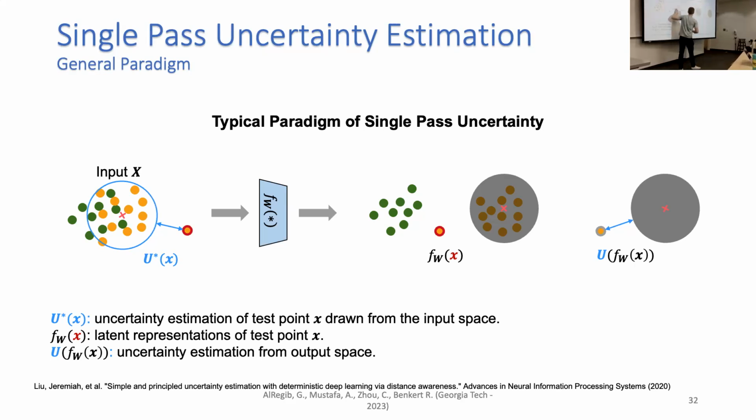We want this neural network to map this outlier sample away from these two classes so that we can measure uncertainty with the distance to these in-distribution classes. So given some kind of input distribution and two different representations, we want to be able to measure uncertainty, which is the score U, with the distance to the input distribution classes.